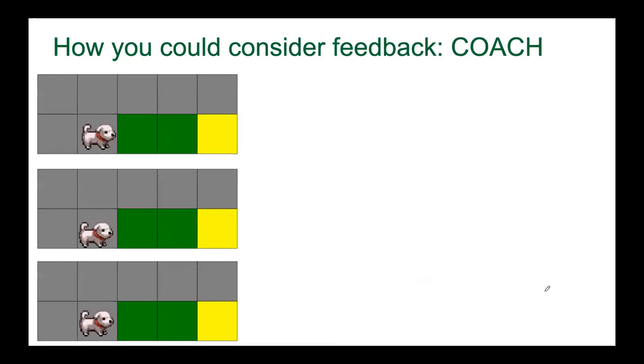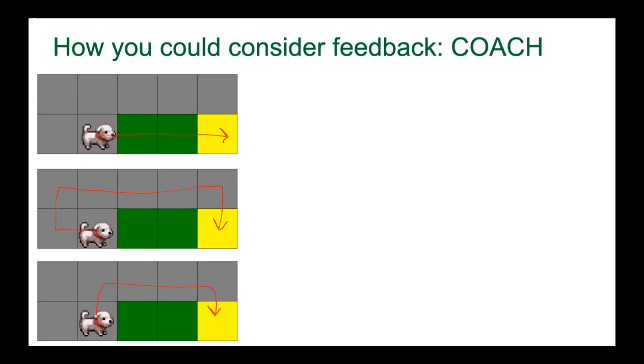So we could consider three cases. The first is bad. The dog walks right over the grass and gets to the goal. That's bad. Then there's a medium condition, an all right condition, where the dog does not walk over the grass, but it's also suboptimal. And then you could have the good case. This is the optimal case. So we had these three conditions.